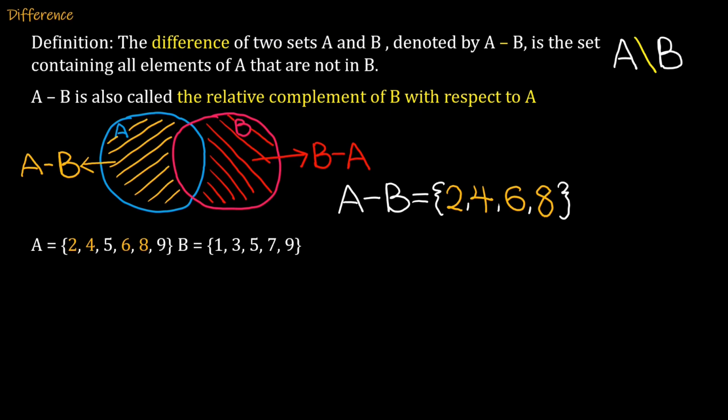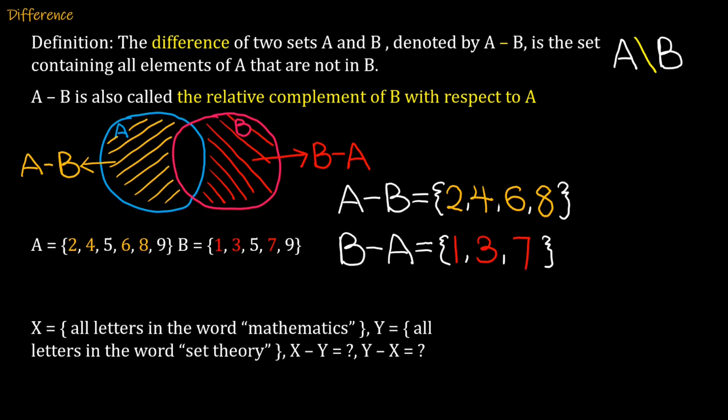And B minus A contains 1, 3, and 7. Back to our letters example, by the definition, we could easily get X minus Y contains M, A, I and C, and Y minus X contains O, R and Y.